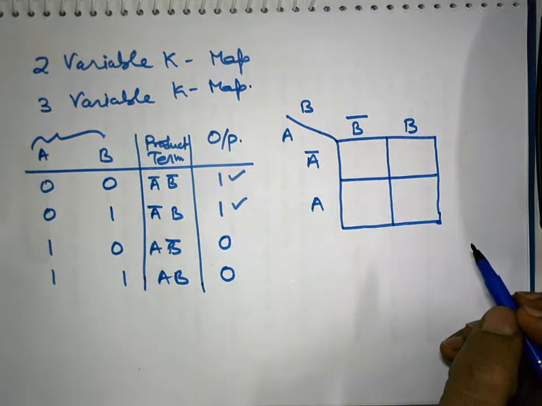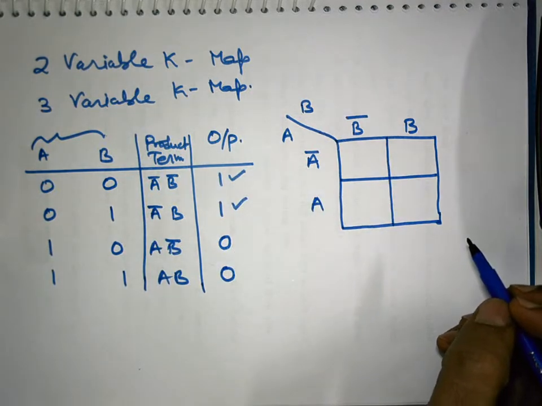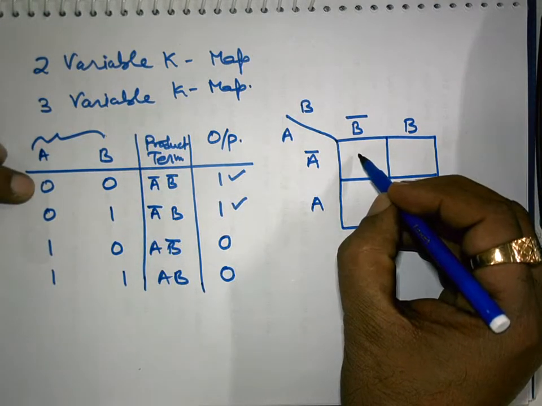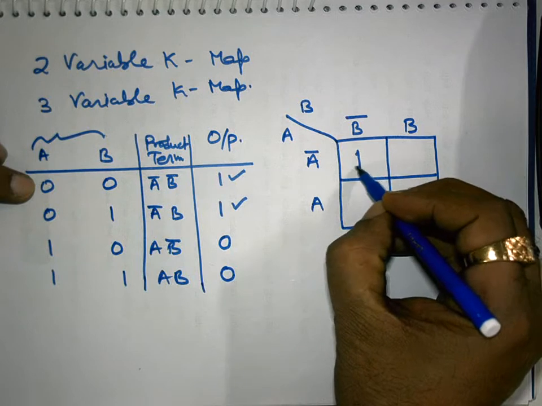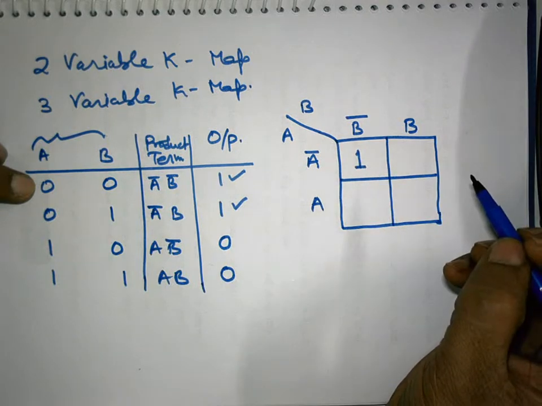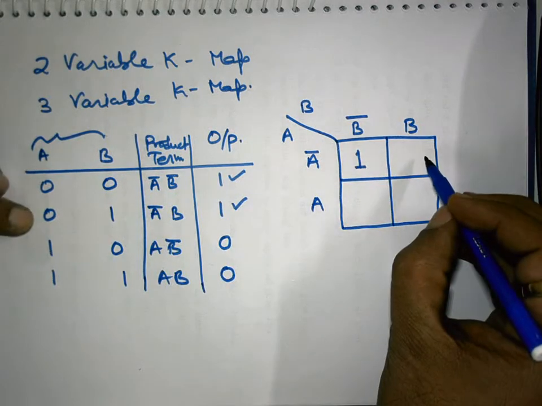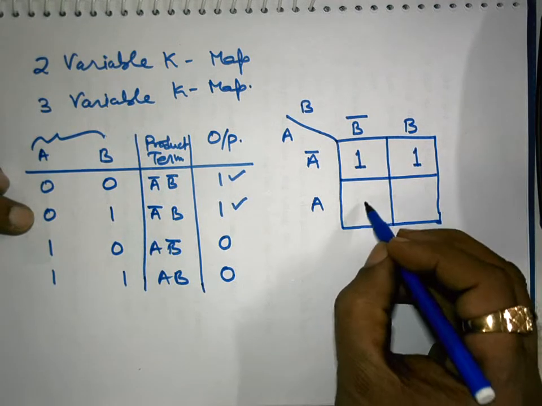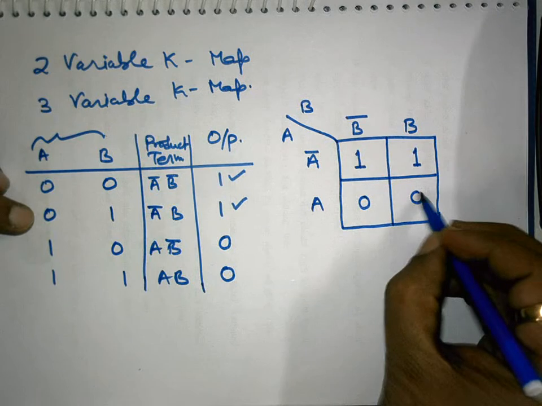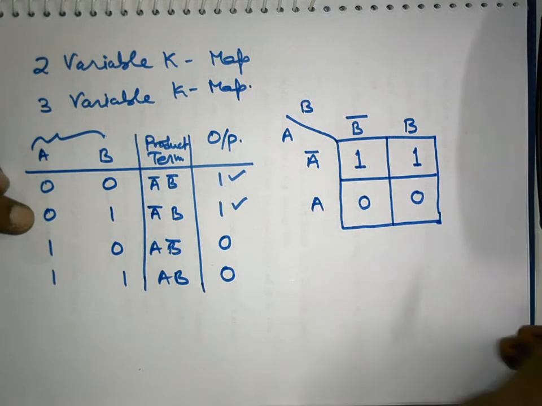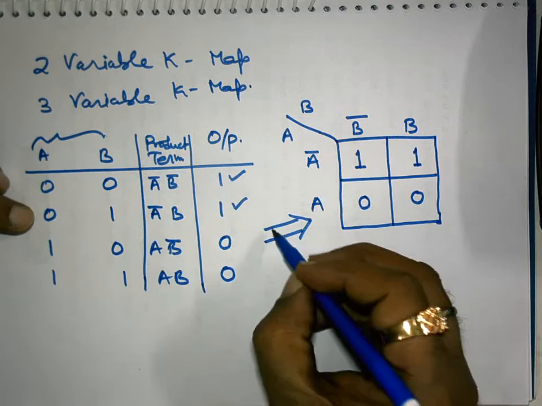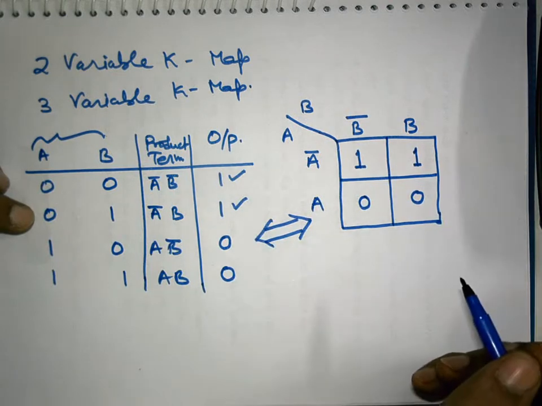You can see it from the truth table. 1 has to be put in the A bar B bar cell, means 1 should be placed over here. Then A bar B, 1 should be placed over here, and then 0 should be placed over here. This is the K map representation of this truth table.